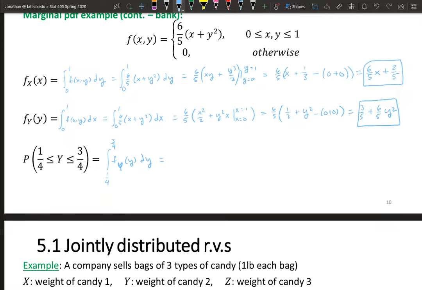So this is going to be the integral from 1/4 to 3/4 of 3/5 plus 6/5 y squared dy, which is going to be 3/5 y plus 6/5 y cubed over 3 from 1/4 to 3/4. And after you plug in the bounds and do all the stuff, you'll get 0.4625.